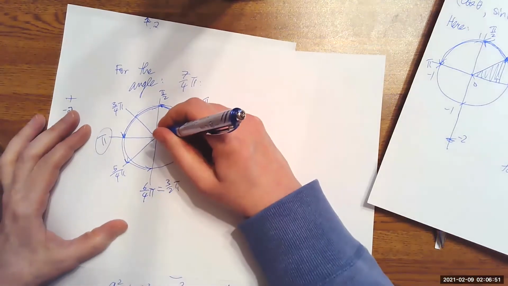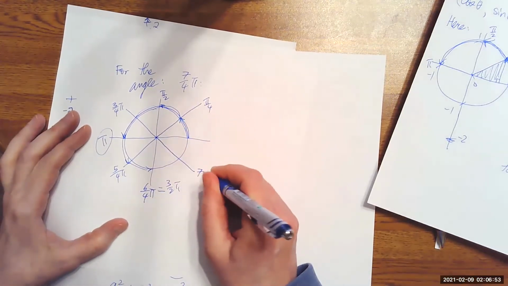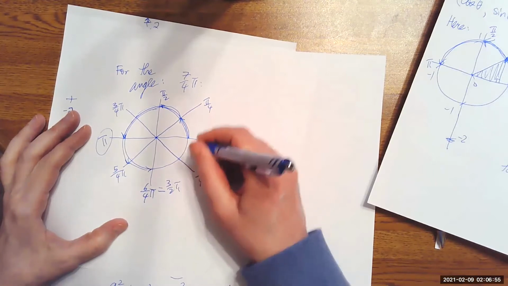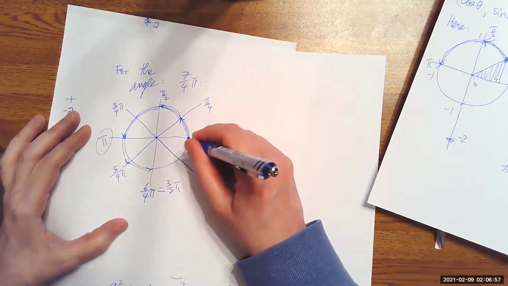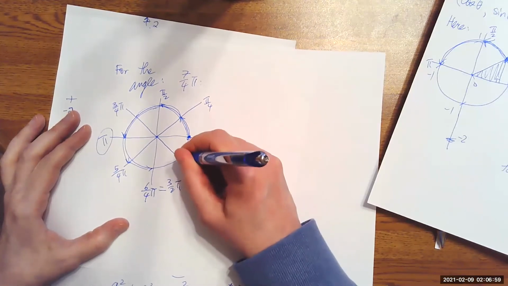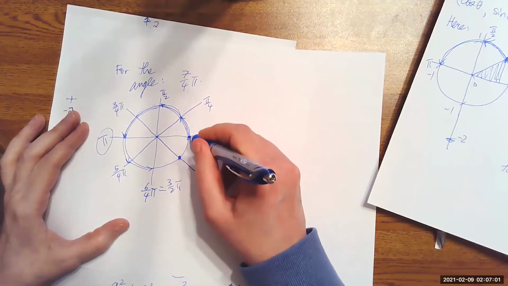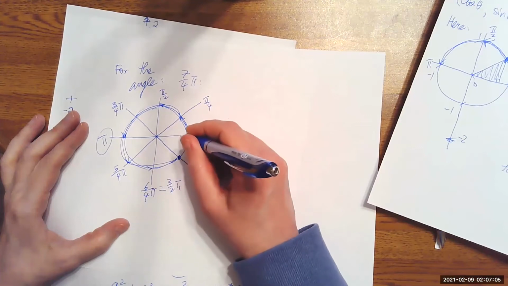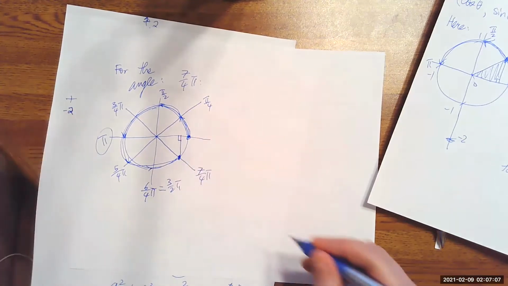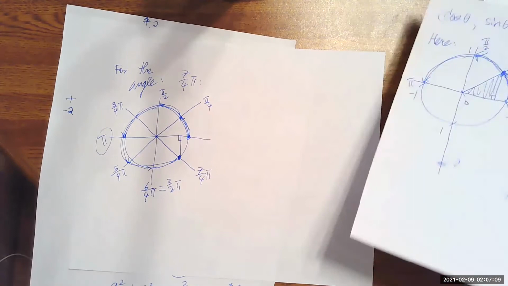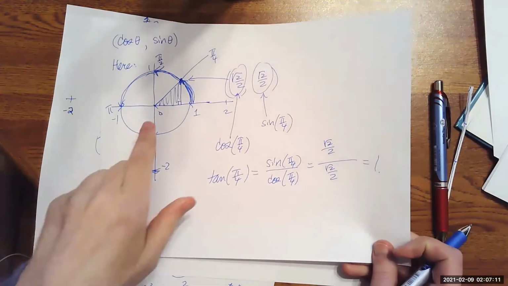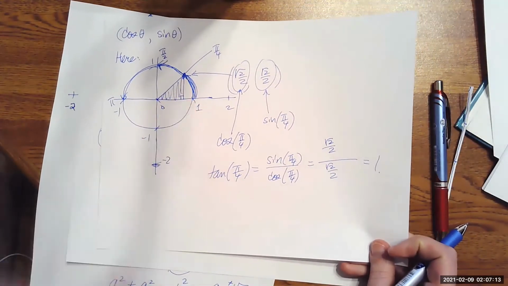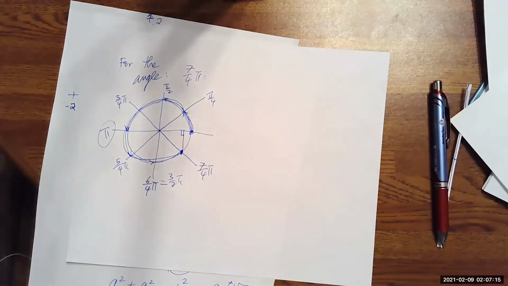And then 7/4 pi here. And that would be 8/4 pi or 2 pi. So 7/4 pi, we go around 7 of these 1/4. So we end up at this point here. Notice the triangle is one that has the same length as this triangle had. So the two shorter sides each have the same length of square root of 2 over 2.